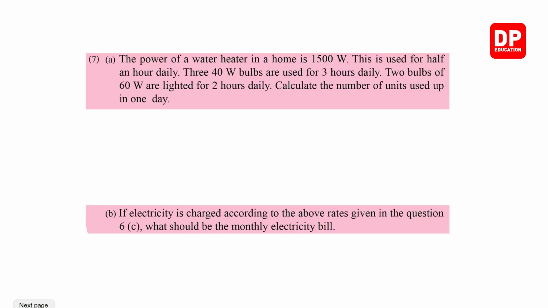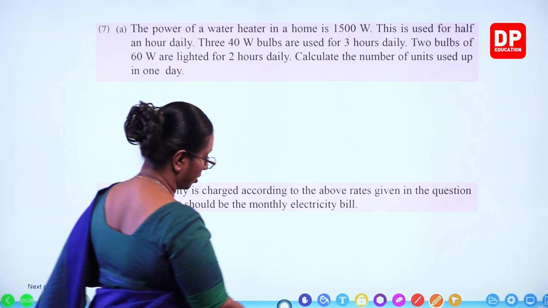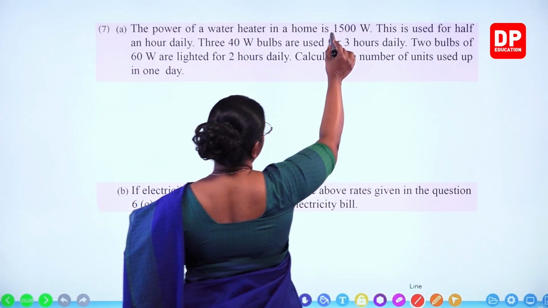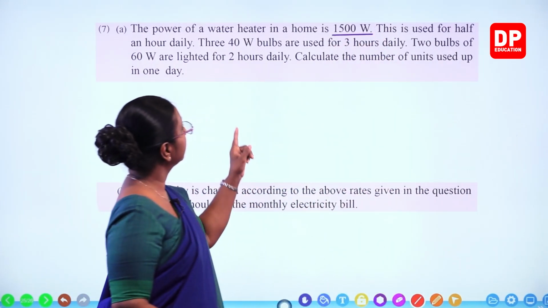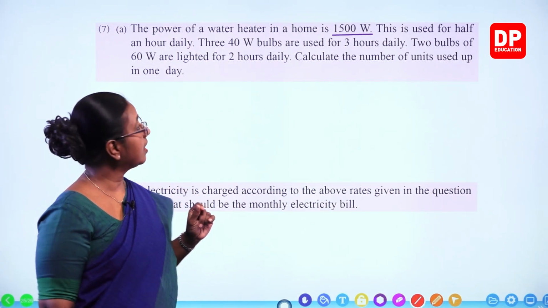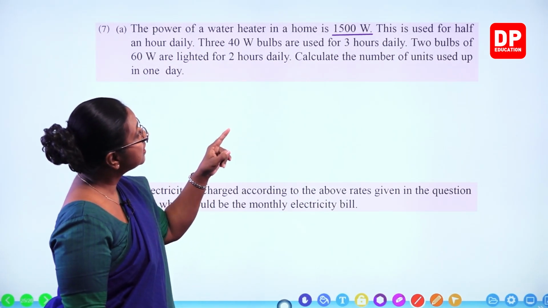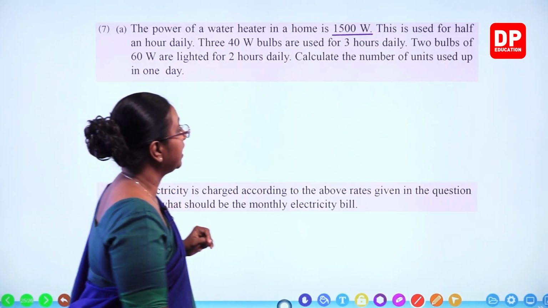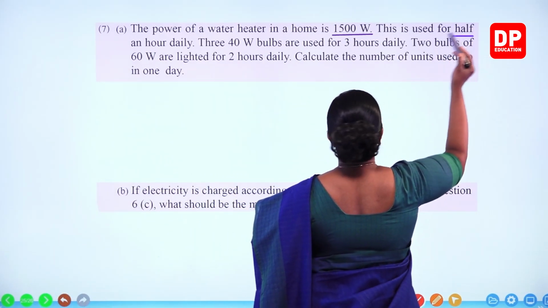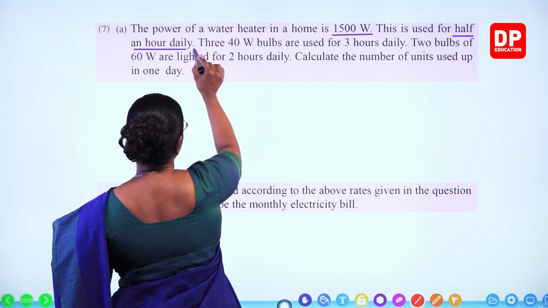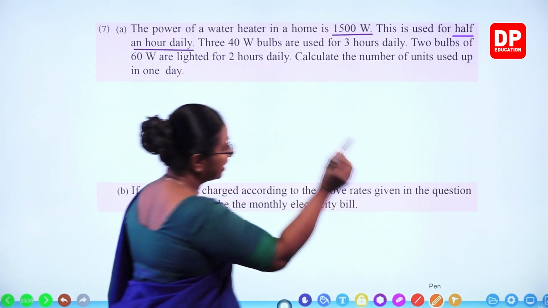So question number 7. The power of a water heater in a home is 1500 watts. Here again, you all have to note down the value, students. The water heater power is 1500 watts. This is used for half an hour daily. When we say half an hour daily, you can't directly use it as half an hour.